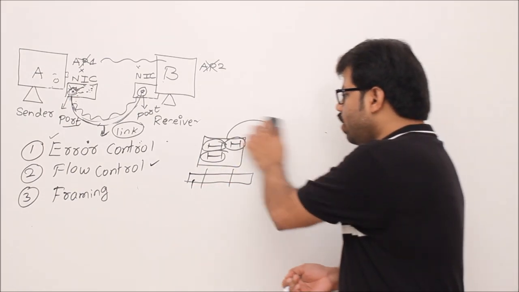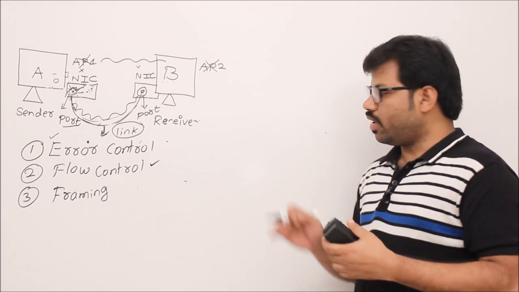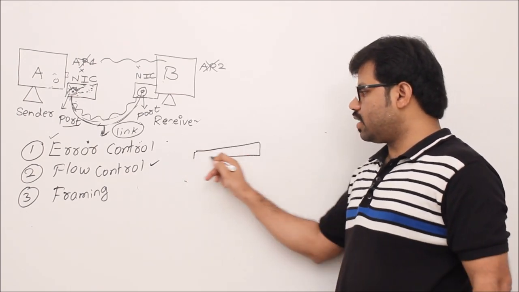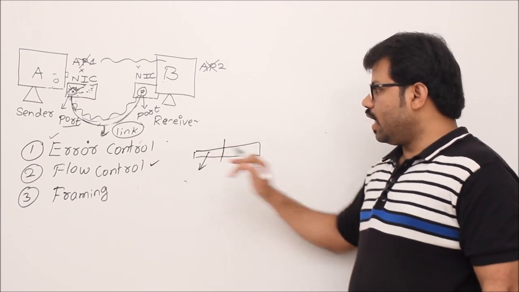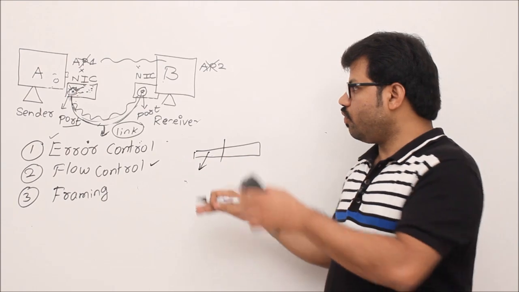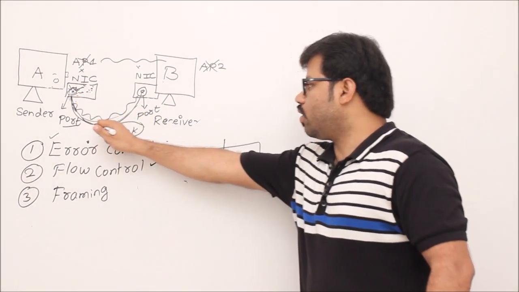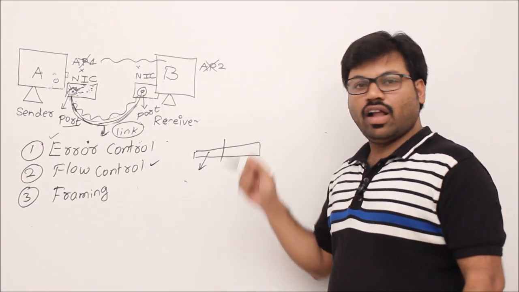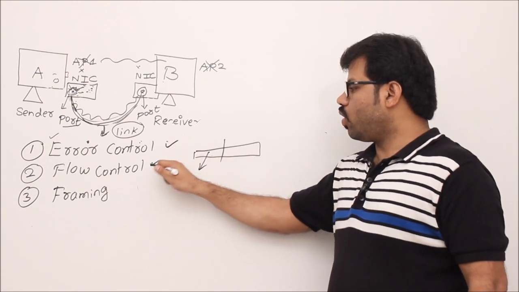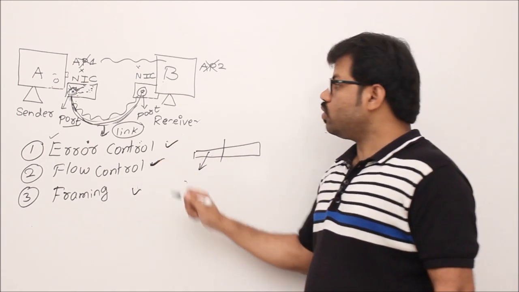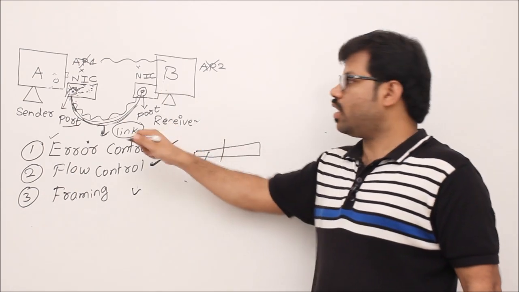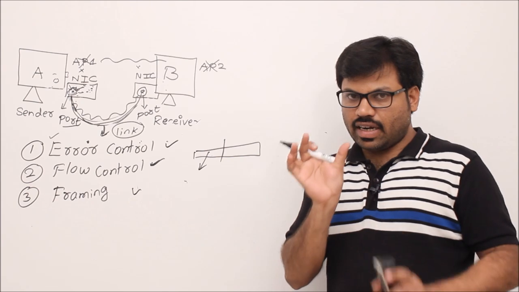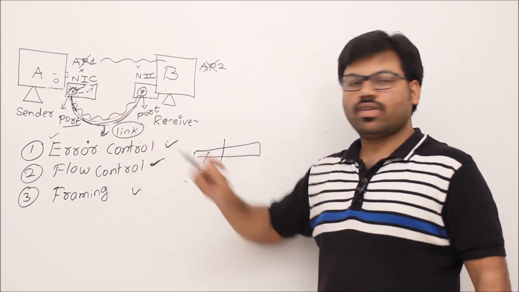In the same way, we divide our message which is given by the application level into some frames. So from now onwards, remember in this data link level, we are solving the problems related to a link. Why are we doing all these things? Error control, flow control and framing, to send a message from one computer to the immediately next computer which is connected through some physical line, otherwise some link.